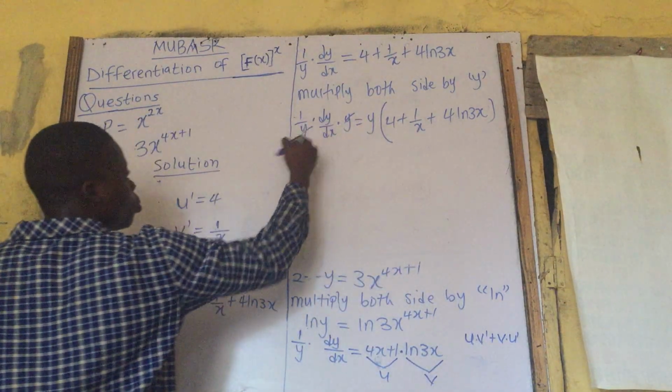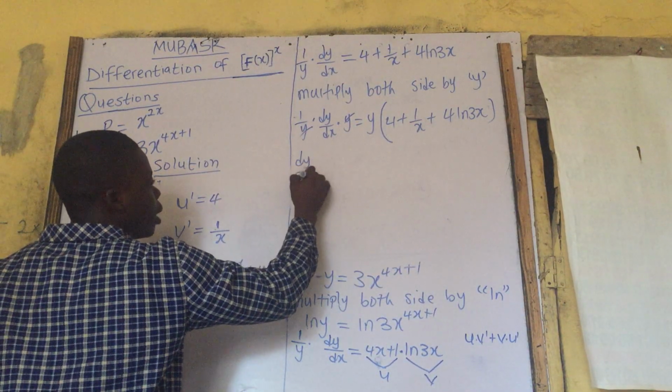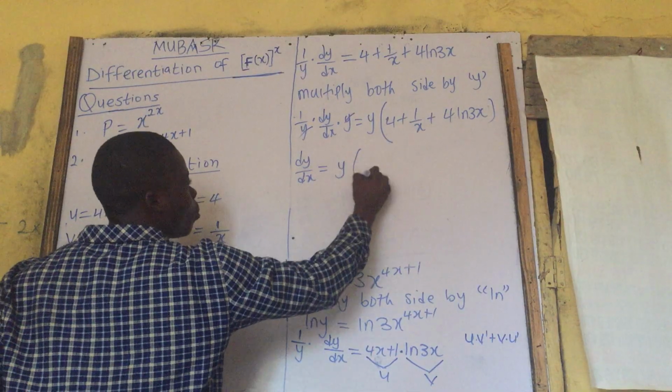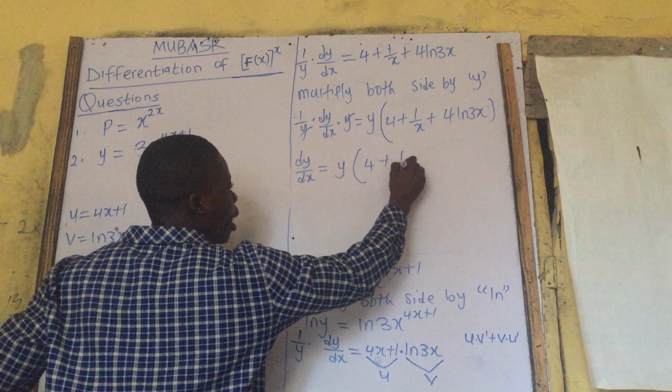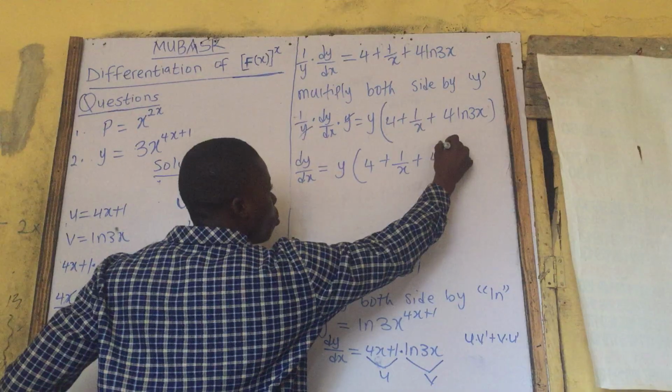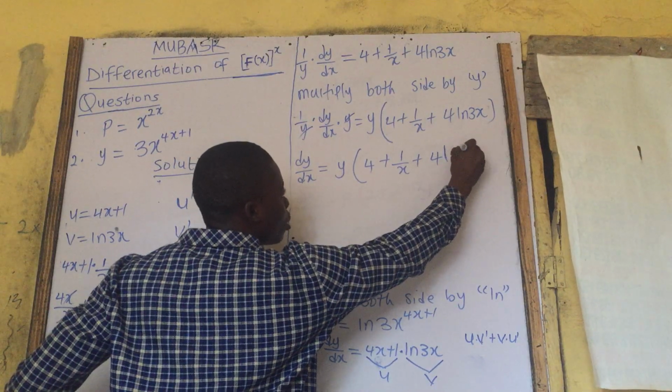Now y cancels y, what remains? dy over dx equals y open bracket 4 plus 1 over x plus 4 multiplied by natural logarithm 3x close bracket.